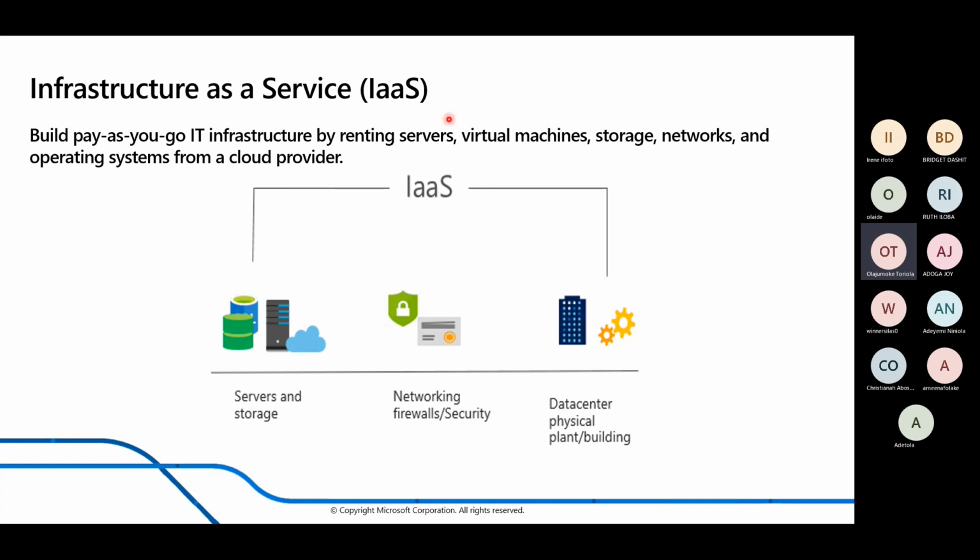And in this IaaS model, as it is normally called, infrastructure as a service, the cloud provider is responsible for doing what? For maintaining the hardware. They are responsible for maintaining the networking and network connectivity to the internet, and physical security. Security can be different.